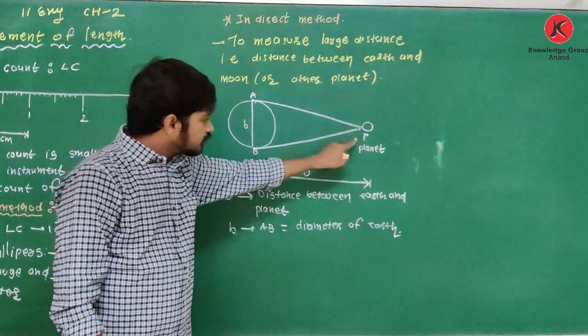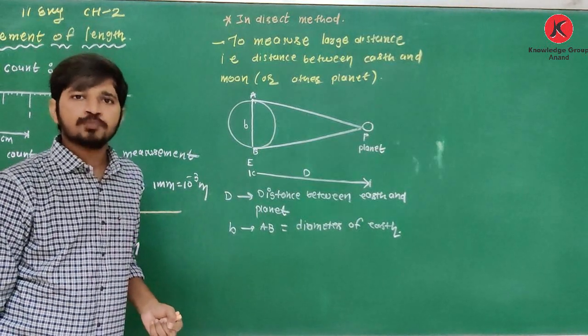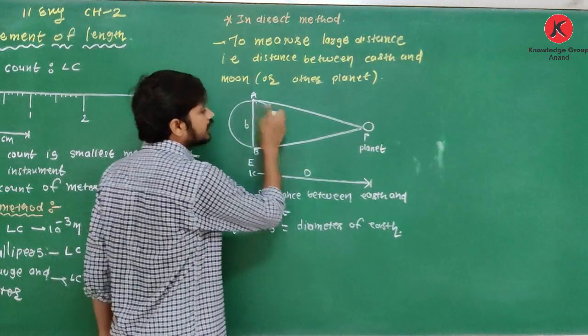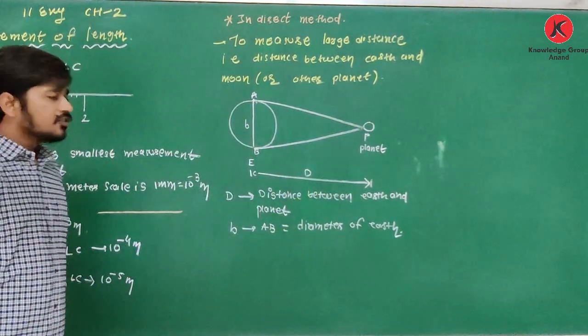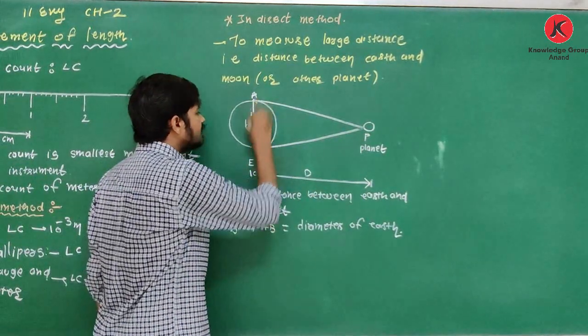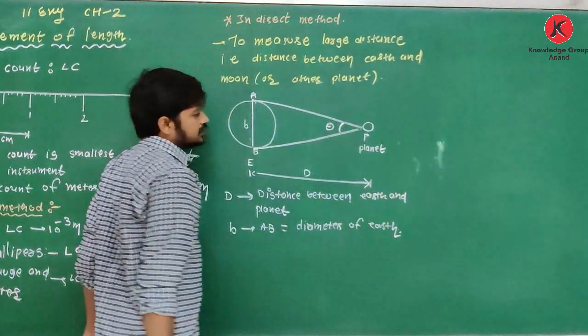You have to observe this planet from two diametrically opposite points on Earth, A and B. So you will get two observation lines, AP and BP. See, these two observation lines, or we can say this diameter, subtends some angle theta with the planet.